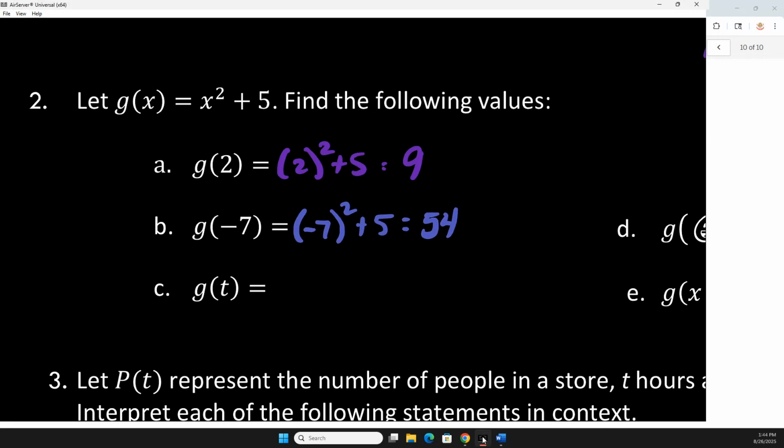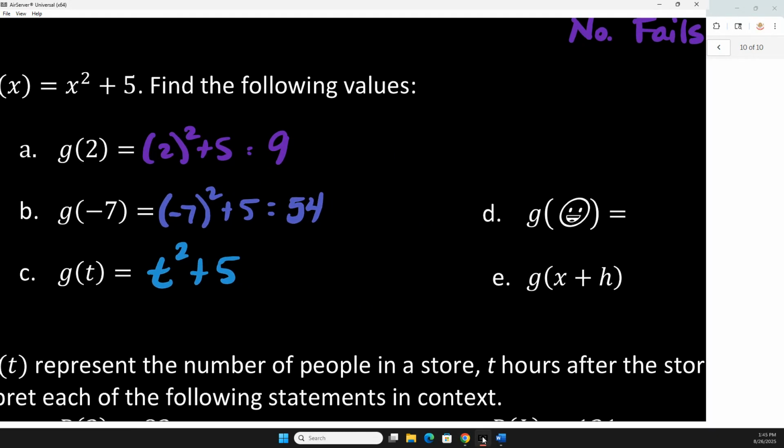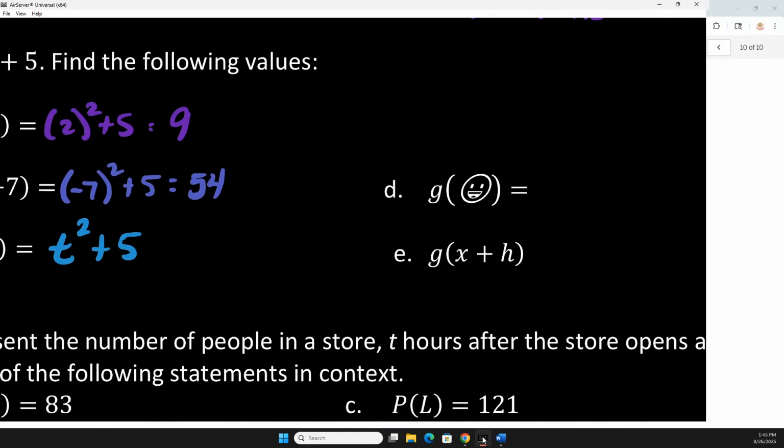Alright, the next ones are kind of weird. So whenever I do g of t, that just means I'm going to take t, square it, and then add 5 to it, and we're done. You don't have to do anything else. Alright, for d, what are we going to put in? A smiley face.